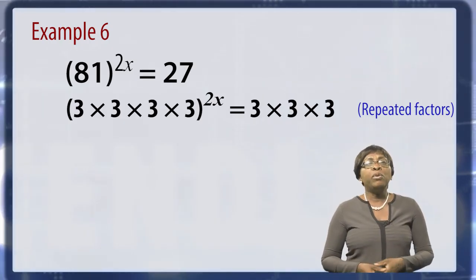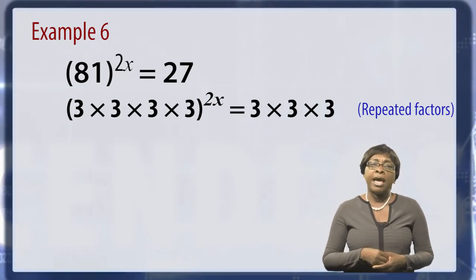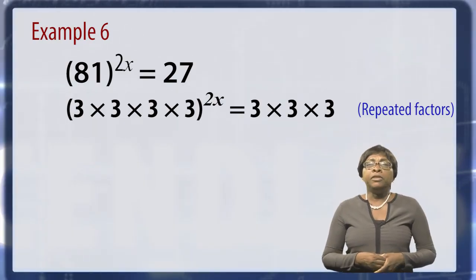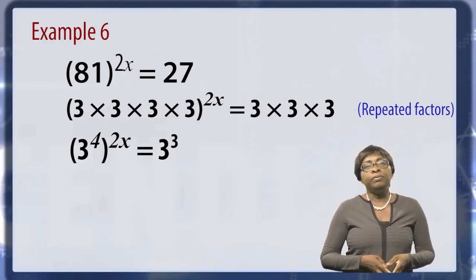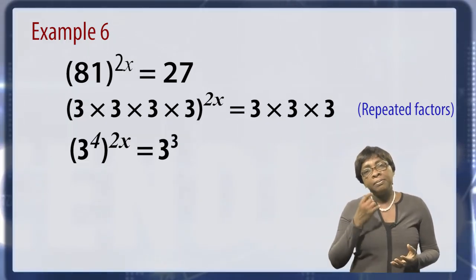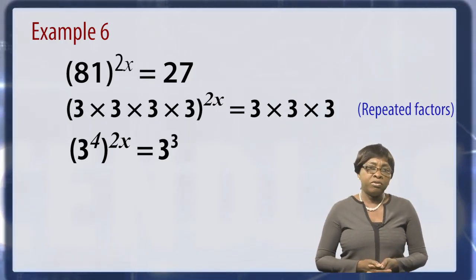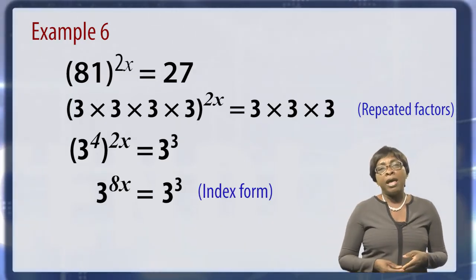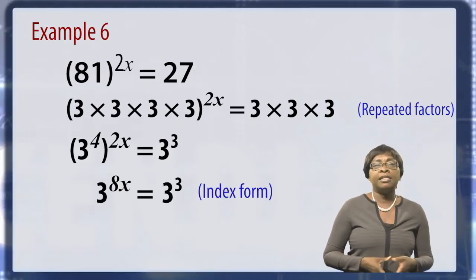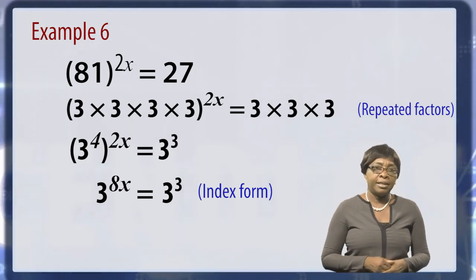Then we will remove the brackets from the left-hand side and multiply our exponents. So that will give us 3 raised to the power 4 times 2x, and that will be equal to 3 raised to the power 3. That gives us 3 raised to the power 8x on the left-hand side and 3 raised to the power 3 on the right-hand side.